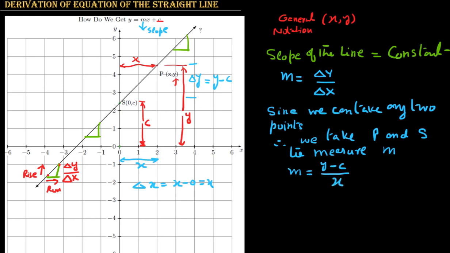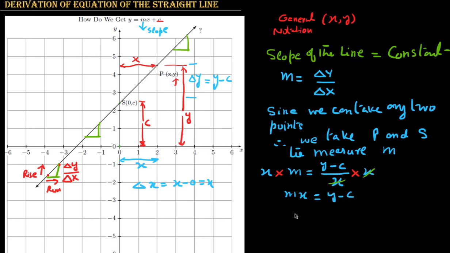Now you just multiply on both sides with x in order to eliminate this x from the denominator. And we get mx on the right hand side, and on the left hand side this x will be cancelled out with this x, and we will be left with y minus c.